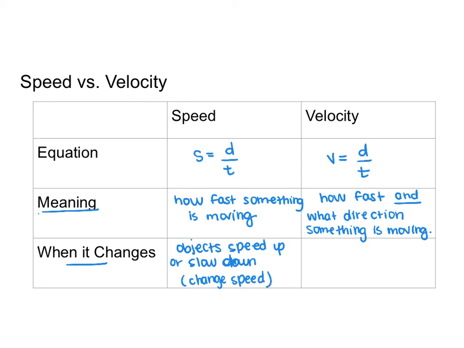Velocity, because it includes how fast and what direction, changes when an object speeds up, slows down, or turns. So the velocity changes more frequently than the speed. When you guys are doing your practice, make sure that you are including each part of the calculations and that you're showing all of your work and that your final answer has the correct unit.